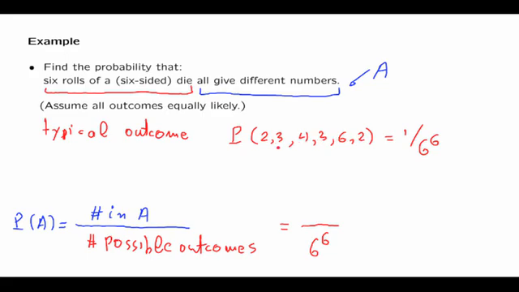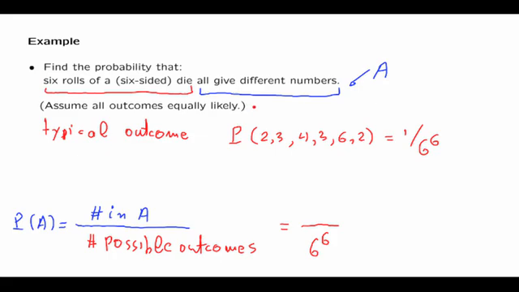So in that case, the probability of this particular sequence would be the probability of obtaining a 2, which is 1/6, times the probability that we get a 3 at the next roll, which is 1/6, times 1/6, times 1/6, and so on, and we get the same answer, 1 over 6 to the 6. So we see that this assumption of all outcomes being equally likely has an alternative interpretation in terms of having a fair die, which is rolled independently 6 times.